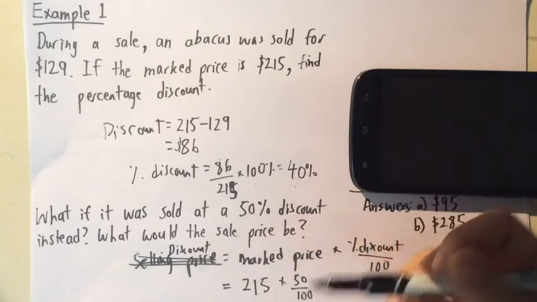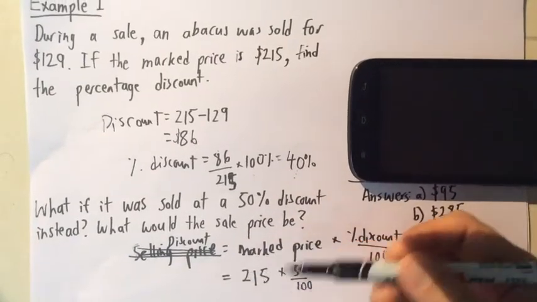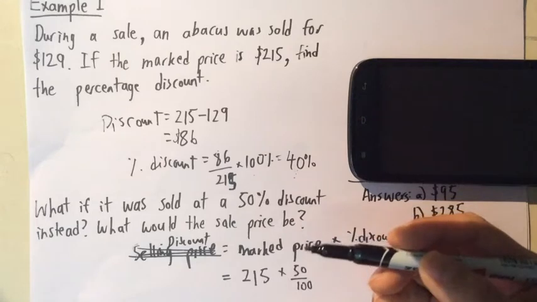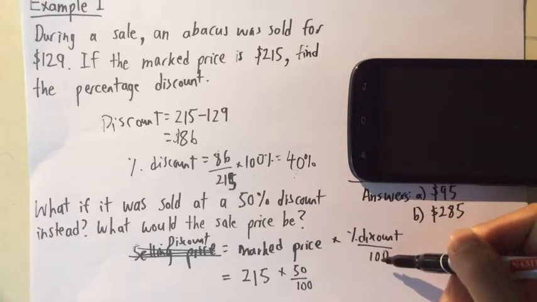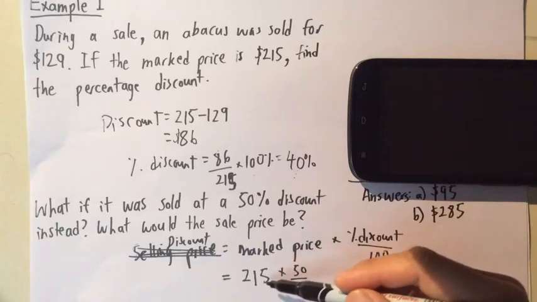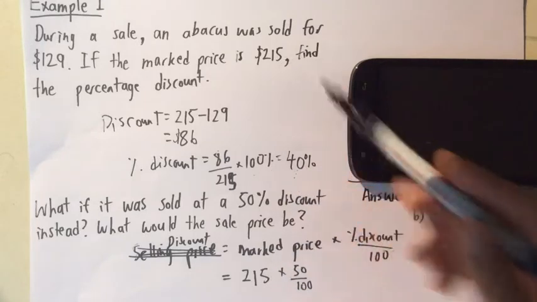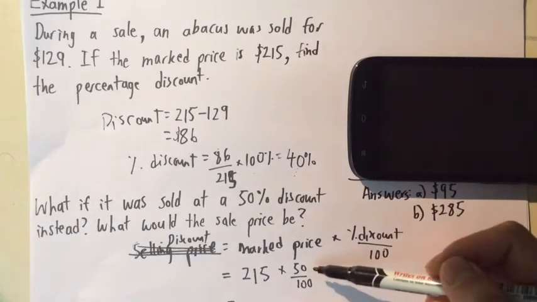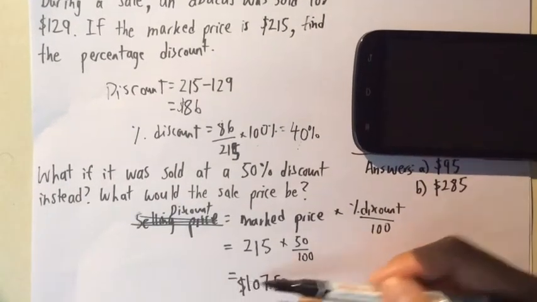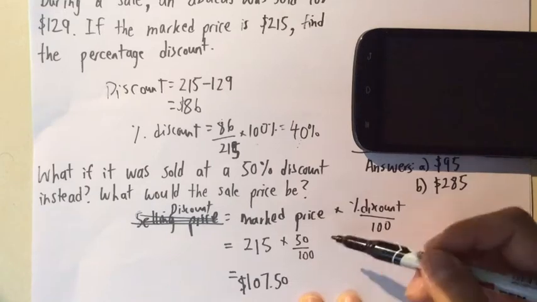There's one way of doing it. The first is to find the discount, which is the marked price times the percentage discount divided by 100. So we have 215, which is the original marked price, times 50 divided by 100, which is just the same as 1 over 2. We'll find out our answer is $107.50.